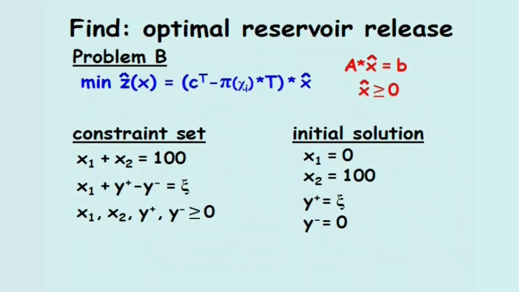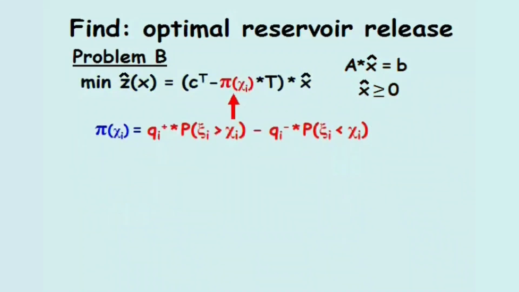In the equation, pi of chi equals the shortage penalty times the probability a shortage will occur, minus the surplus penalty times the probability a surplus will occur. The problem statement provided the penalty values, which can be plugged in.